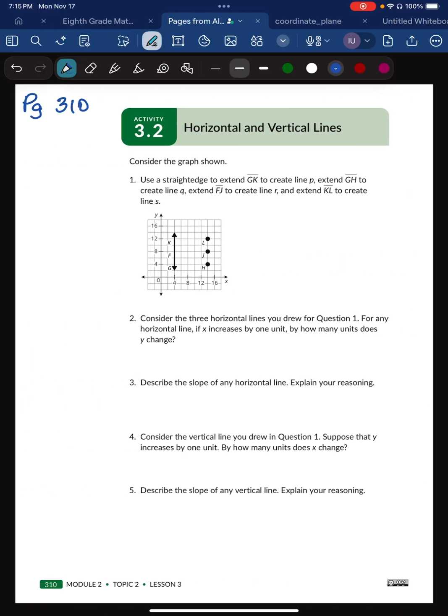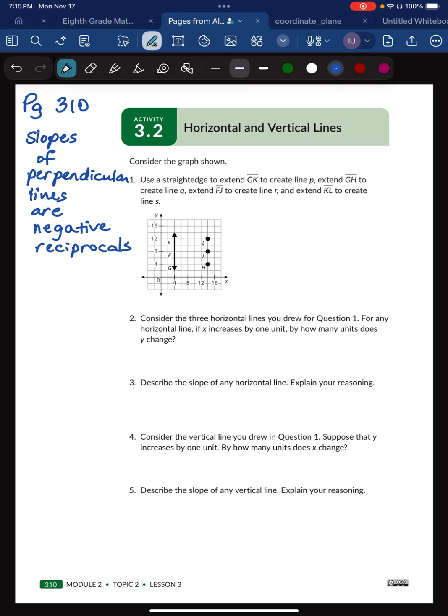we learned that the slopes of perpendicular lines are negative reciprocals. So I just want to refresh your memory on that. They are negative reciprocals.